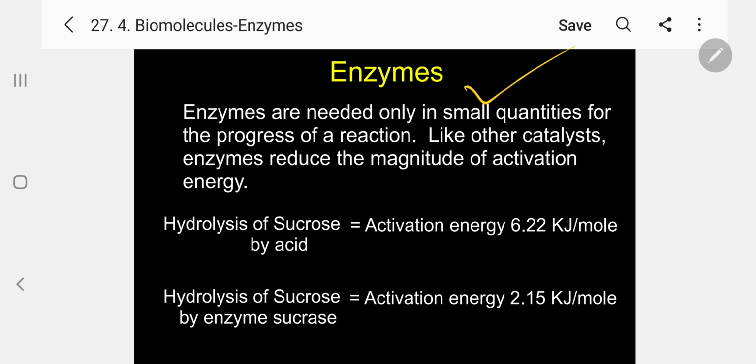Like other catalysts, enzymes reduce the magnitude of activation energy. When activation energy decreases, the reaction will be faster. So, hydrolysis of sucrose by acid has an activation energy of 6.22 kilojoule per mole.